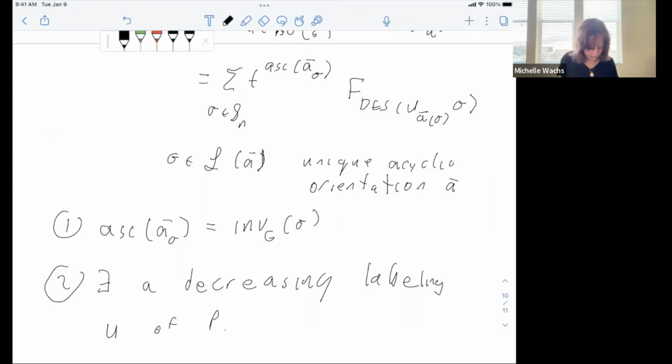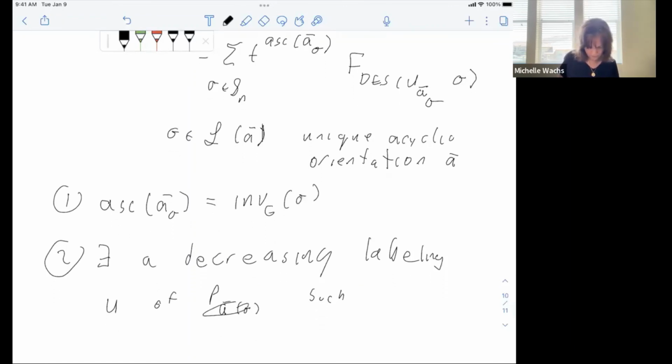Of P A of sigma, such that, I'm sorry, I changed notation here. This should be A sub sigma. And this should be A sub sigma.